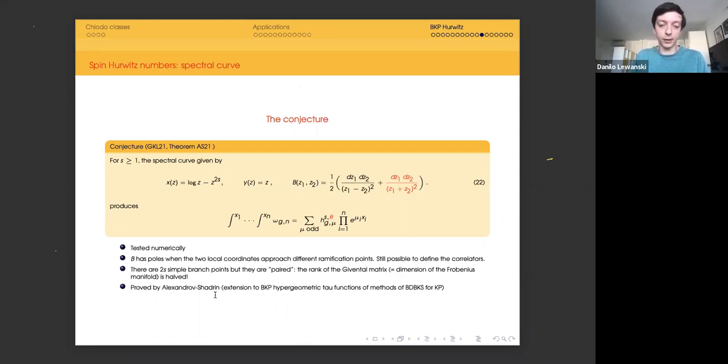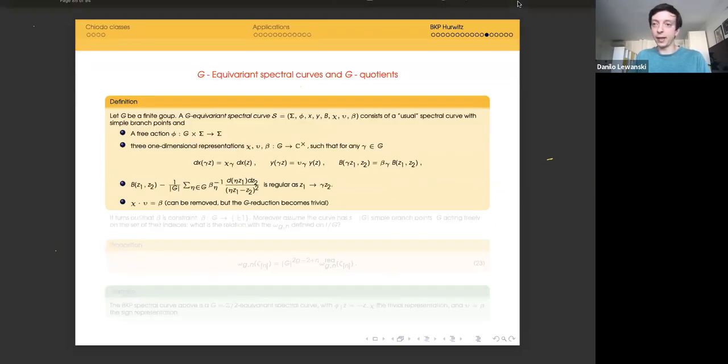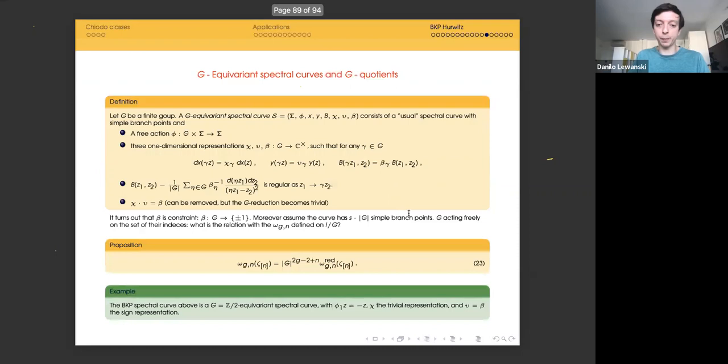They apply the same strategy for the BKP hierarchy. And I don't have the time, but I think I explained this during the topological recursion seminar, so maybe it's recorded. There is a notion of equivariant G spectral curves, and you can quotient spectral curves to arrive at reduced spectral curves.